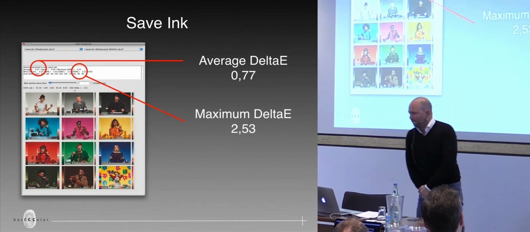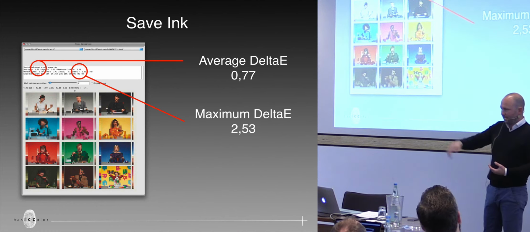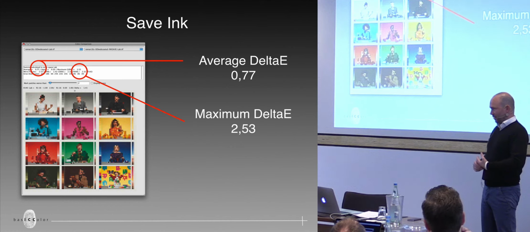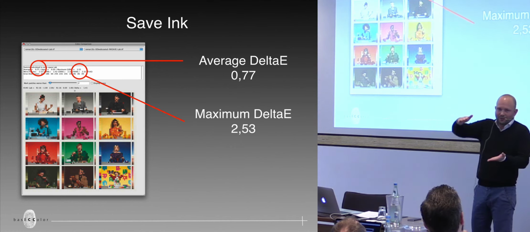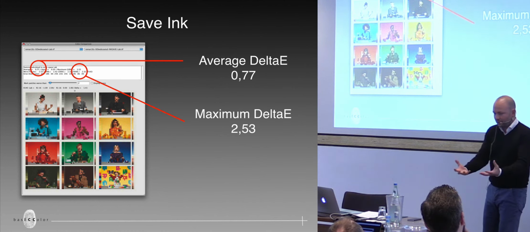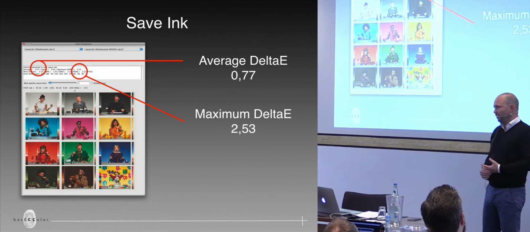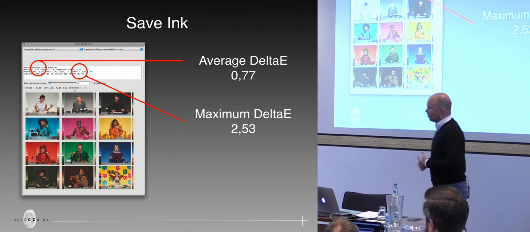And this is the important slide. After safe ink I have an average delta E of 0.7. And of course, because I lowered also the TAC, the dark tones, I have a maximum delta E of 2.5. So that between original and result.